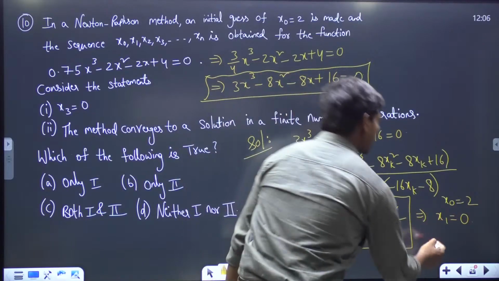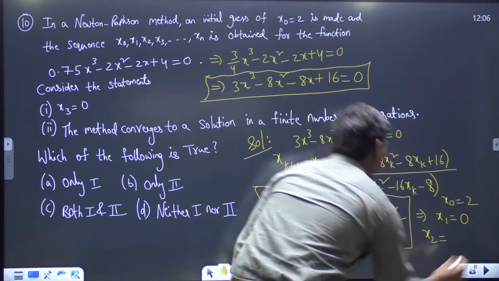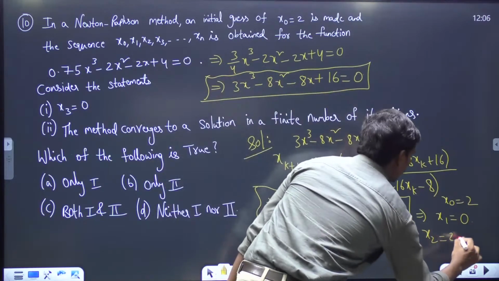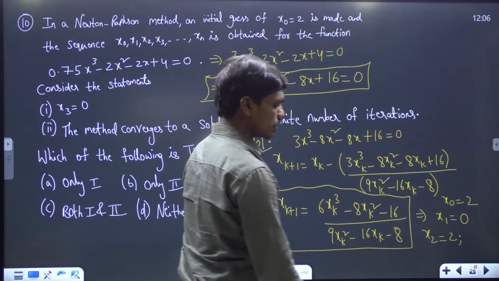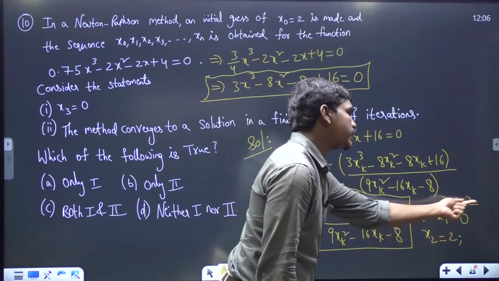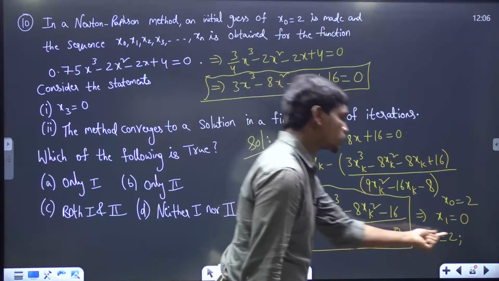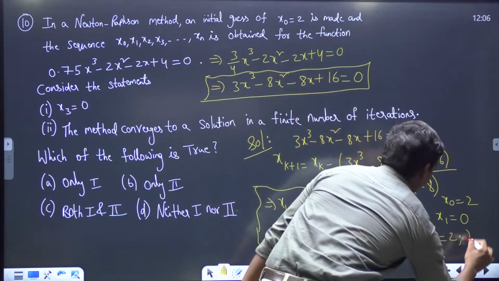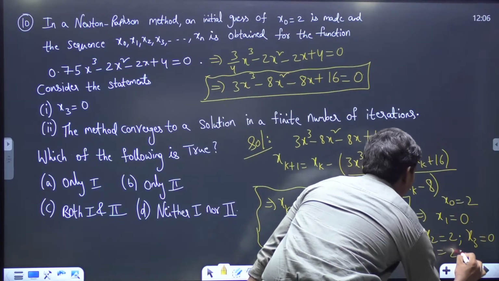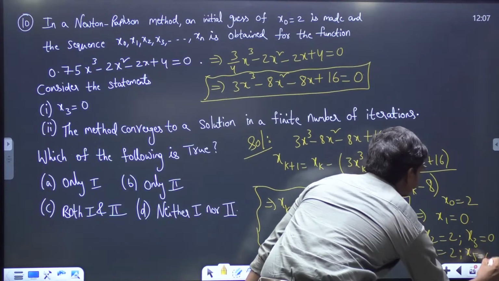Next, if x1 is equal to 0, what is x2? If you put 0 here, minus 16 divided by minus 8, 2. So x2 is equal to 2. Again, if you substitute x is equal to 2, we'll get x3 is equal to 0, which means x4 will be 2 and x5 will be 0.